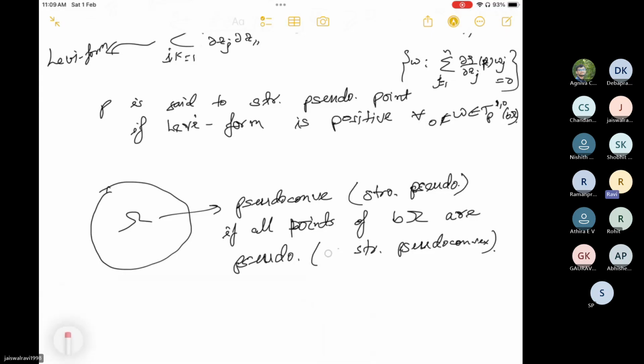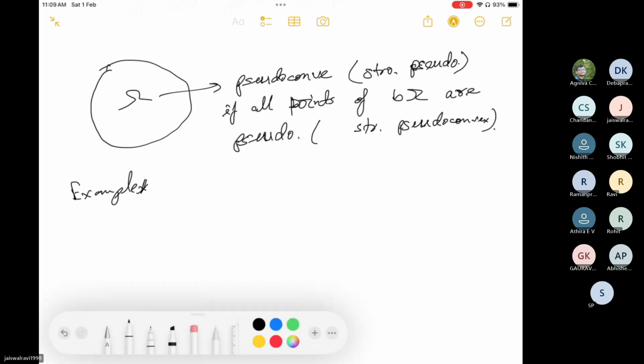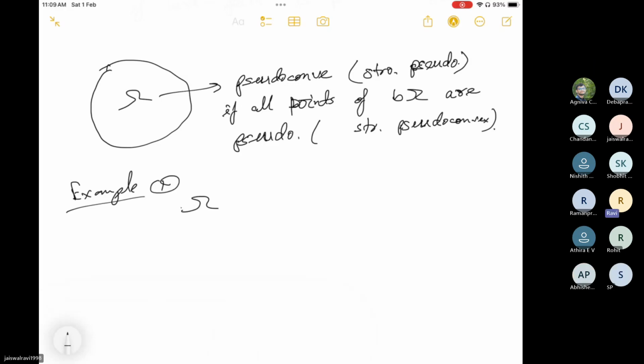Let us see some quick examples. Let me take omega 1, which is z in C2 such that |z1| squared plus |z2| squared is strictly less than 1.